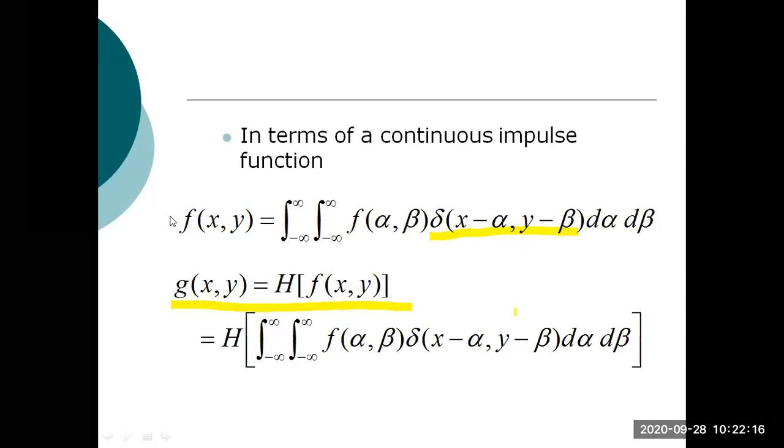Sorry for the interruption. Okay, so all of you substitute this f of x comma y in this place, and you will get the output expression like this: H of the integration from minus infinity to plus infinity, that is a double integration, of f of alpha beta delta of x minus alpha comma y minus beta into d alpha d beta.